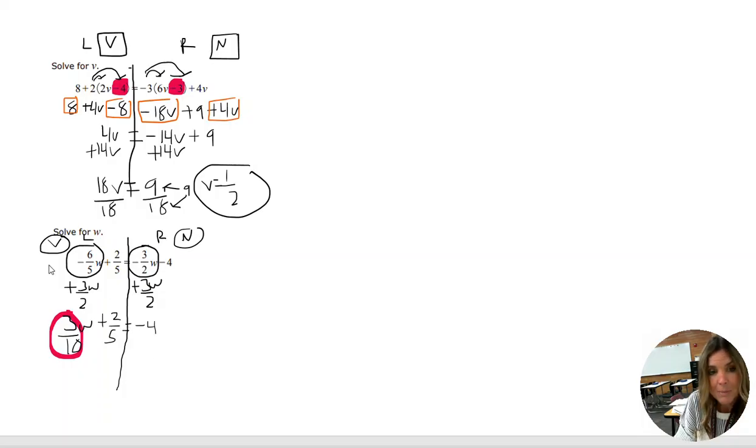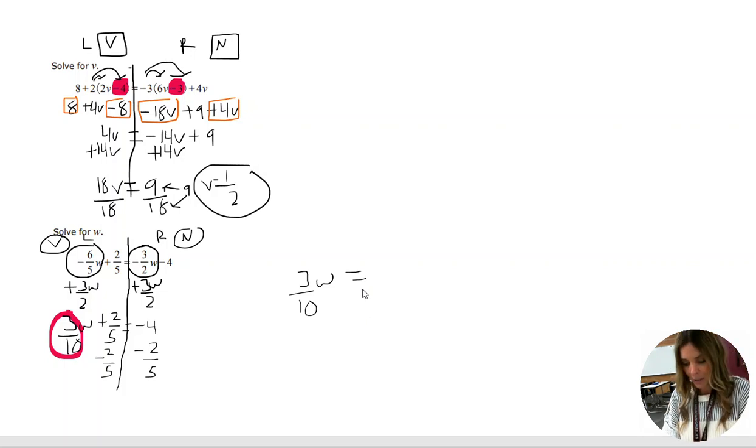Okay, so remember my left side is my variable side, which means I do not want this 2/5 on the left side. So I'm going to subtract 2/5, I'm going to subtract 2/5, I'm going to bring this out here so I have a little bit more space. 3/10 w equals, when I do a -4 minus 2/5, I get -22/5.